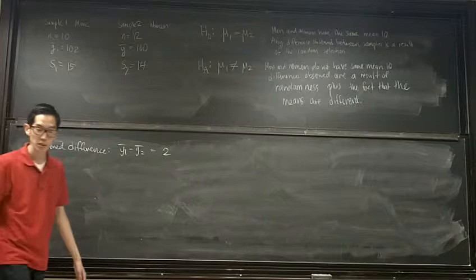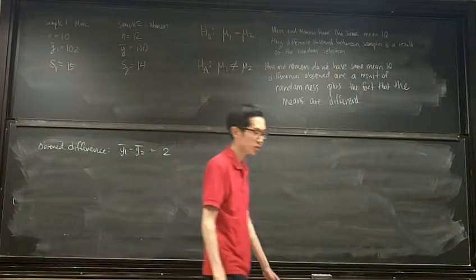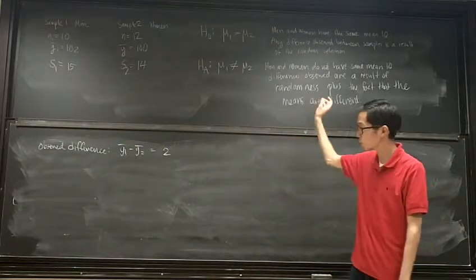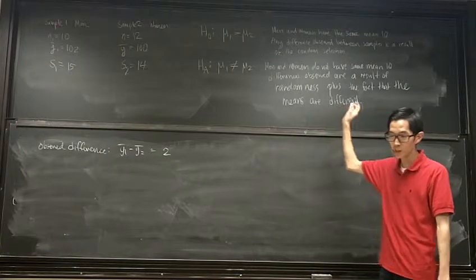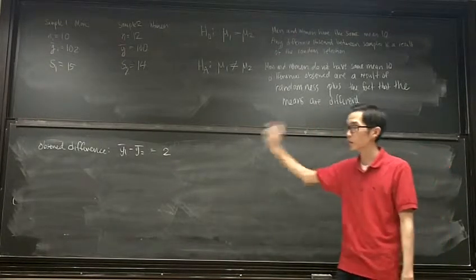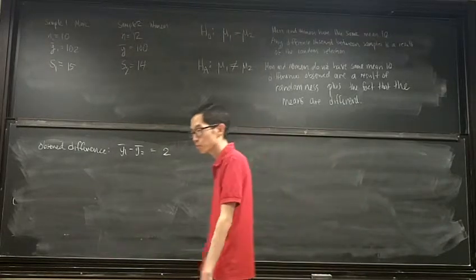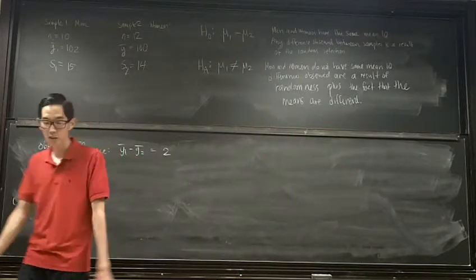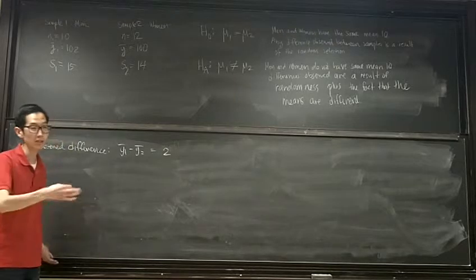And I'm going to ask, if the null hypothesis were true, if the true difference between the mean IQ of a man and the mean IQ of a woman is 0, what is the probability that I take 20 random people, 10 random men and 10 random women, and I get a difference of 2?